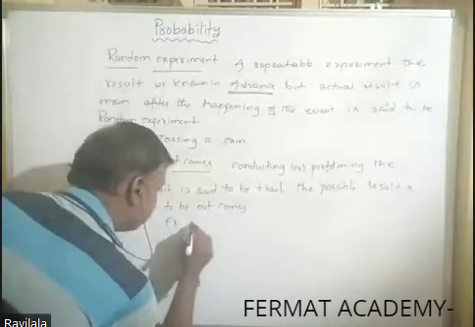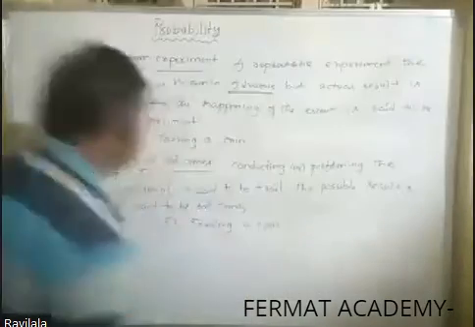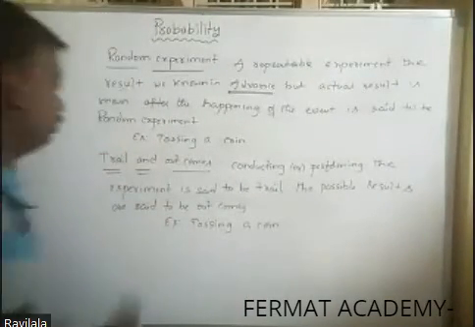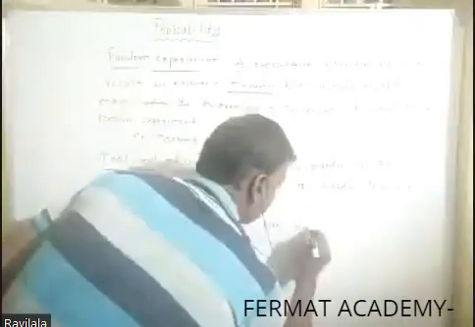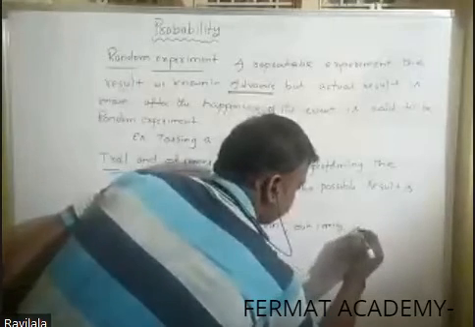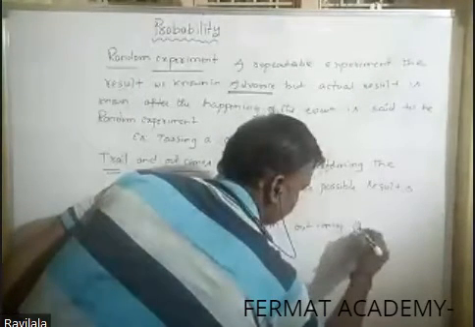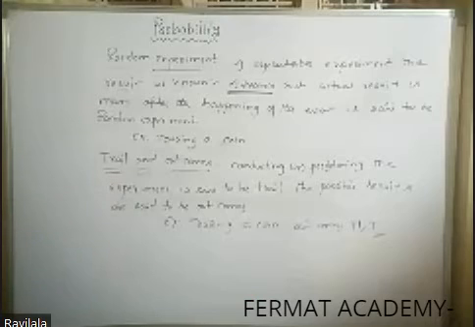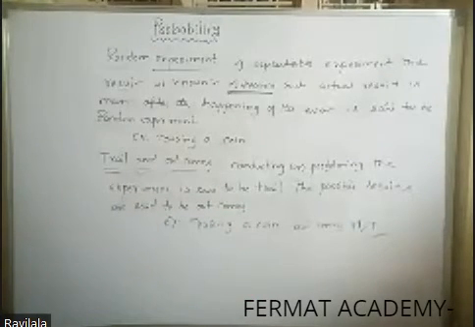Same example, tossing a coin is an example of trial, or throwing a die, that is also an example of trial. And outcomes, when you throw a coin, we get head or tail, that is said to be outcomes. Okay, write down one. Tossing a coin is said to be trial, and head, comma, tail, these types of results are said to be outcomes.